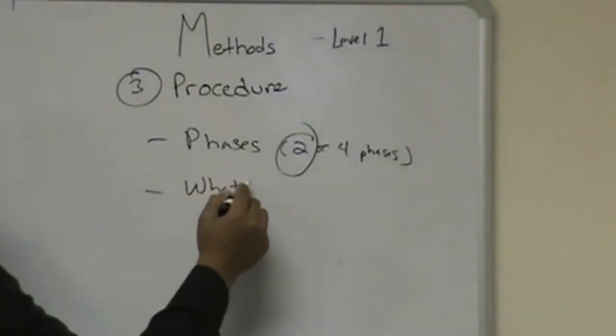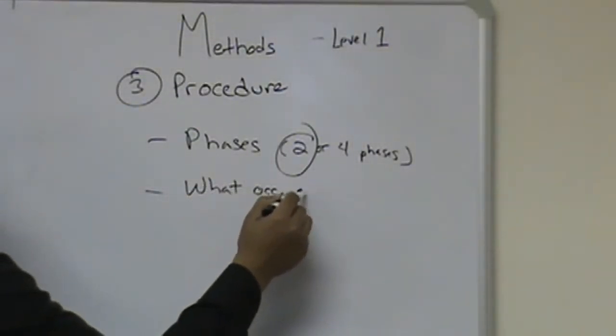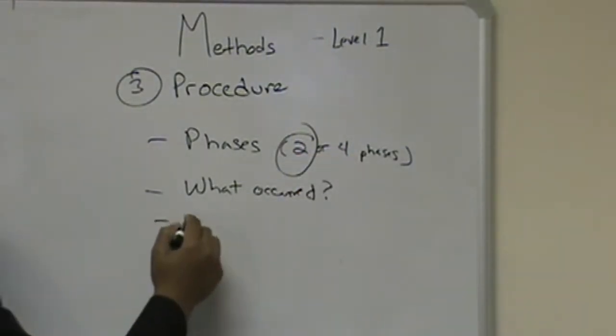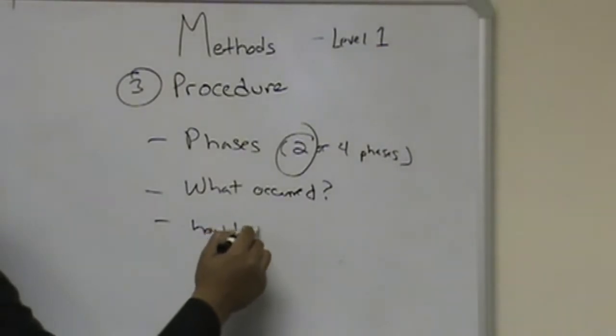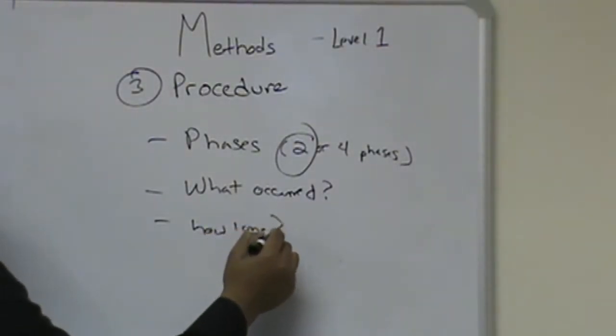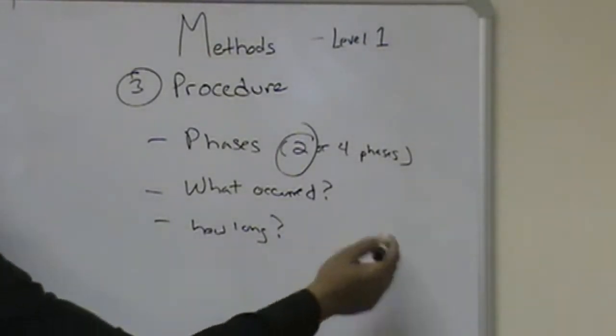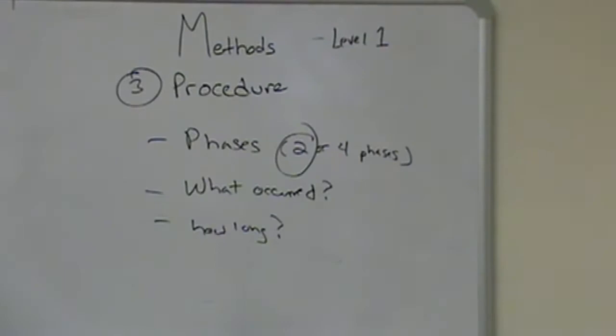So there really shouldn't be any question at all with regard to what the participants did during that phase. How long did it last? When did you know that it went from one phase to another? How was that transition marked? Were there assessments given? I'm guessing that there was, between the 2 phases and so forth.